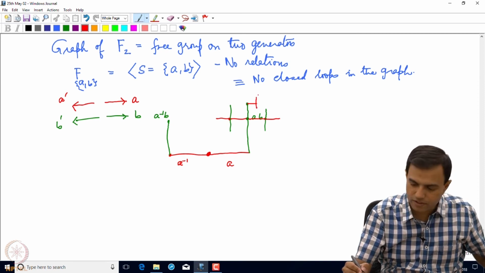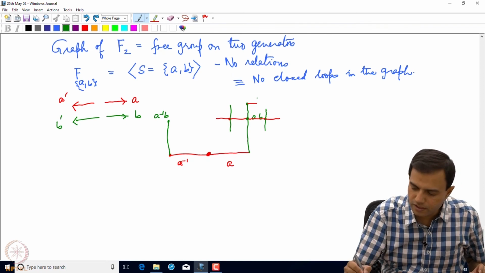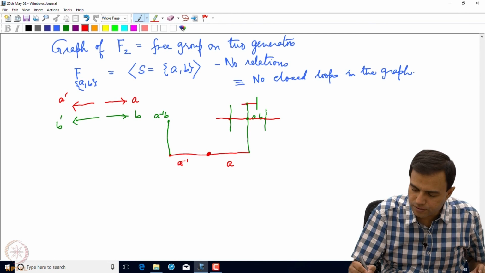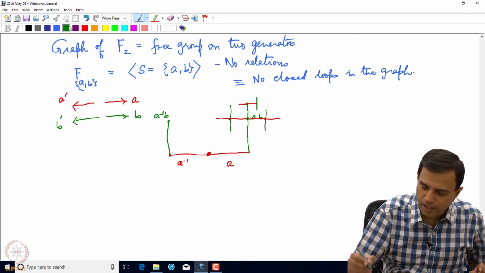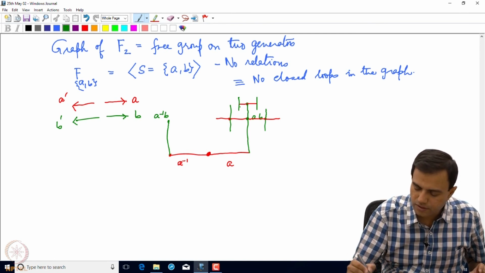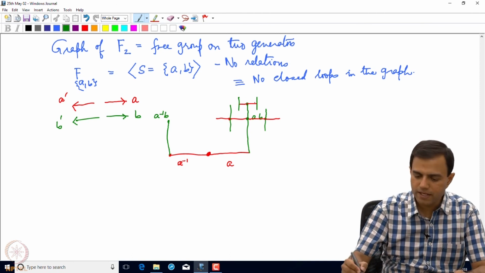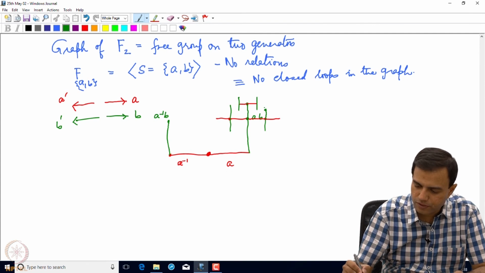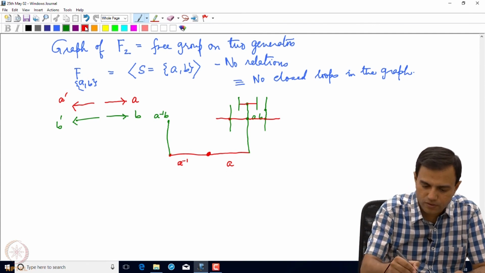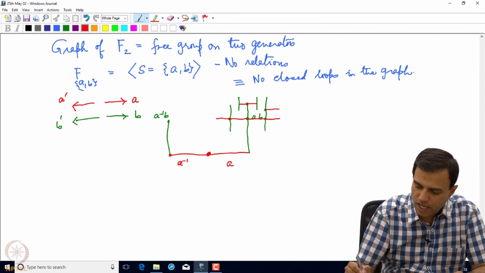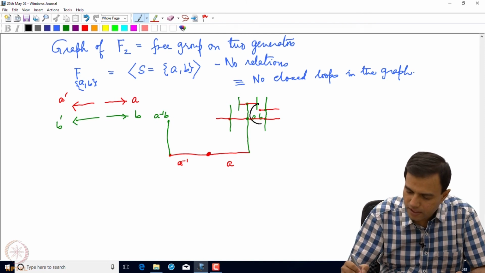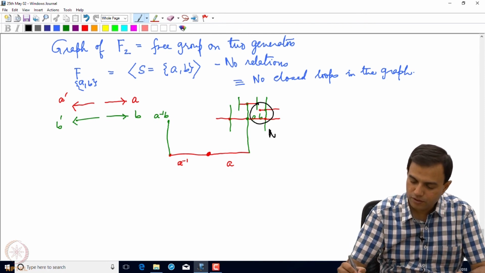Sorry, the vertical will be green. So to do this, and this, and this. And similarly here, at this point I have the option to do this, this, and this. Be careful, no crossings.